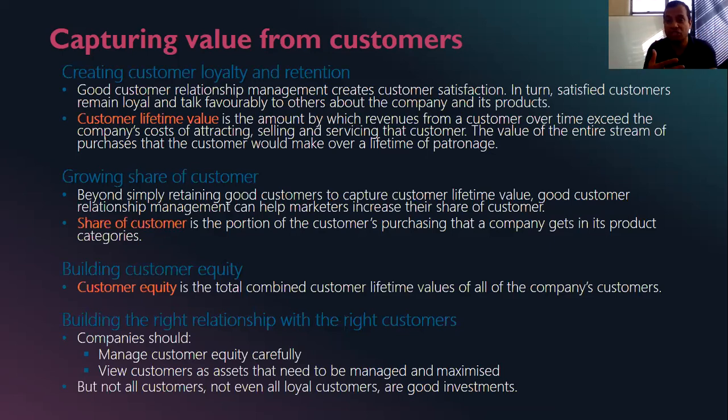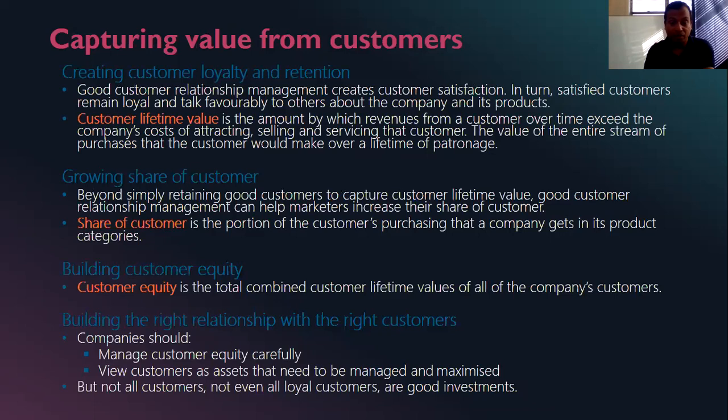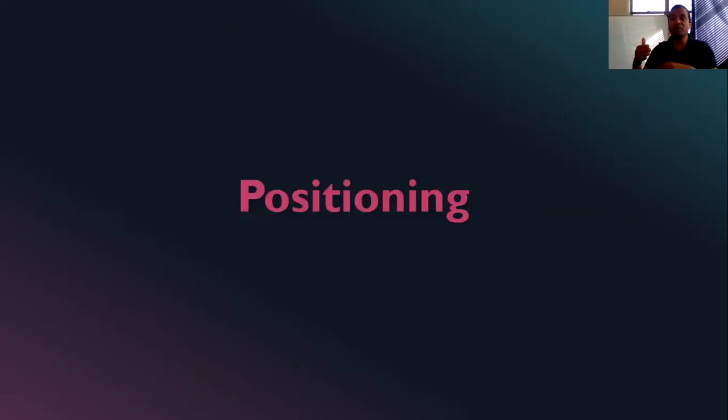These are the indicators which help you understand what sort of return you get from the marketing activities. That's a small recap or synopsis of what we learned last time. So let's move to positioning, differentiation, and value proposition one by one in greater detail.